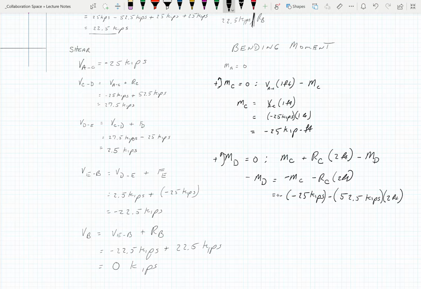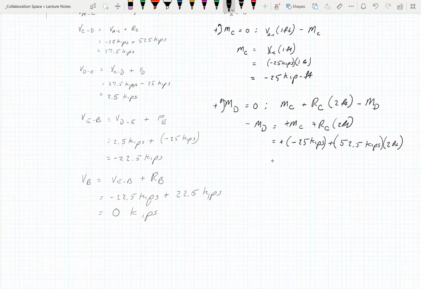Negative, positive, positive, positive. Geez, I'm getting my negative signs messed up today. Anyway, so 52.5 times 2 is 105 minus the 25. That's not right. 52.5.